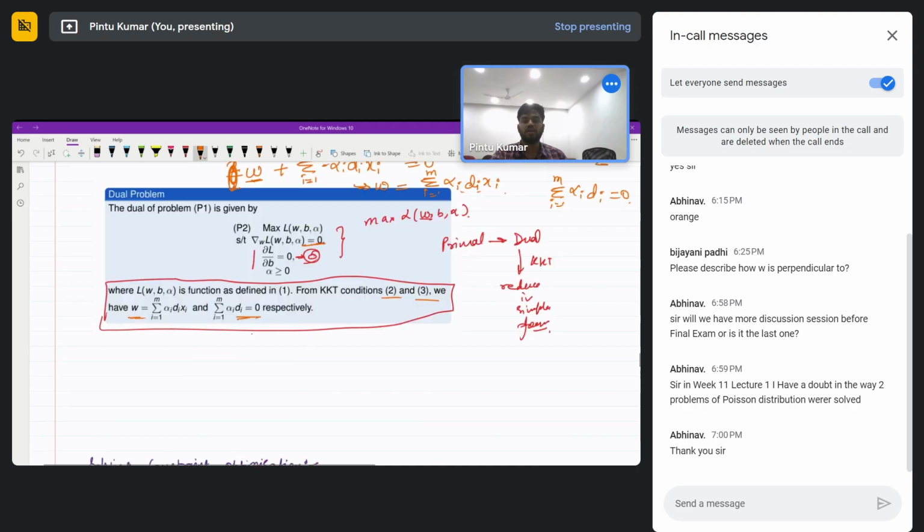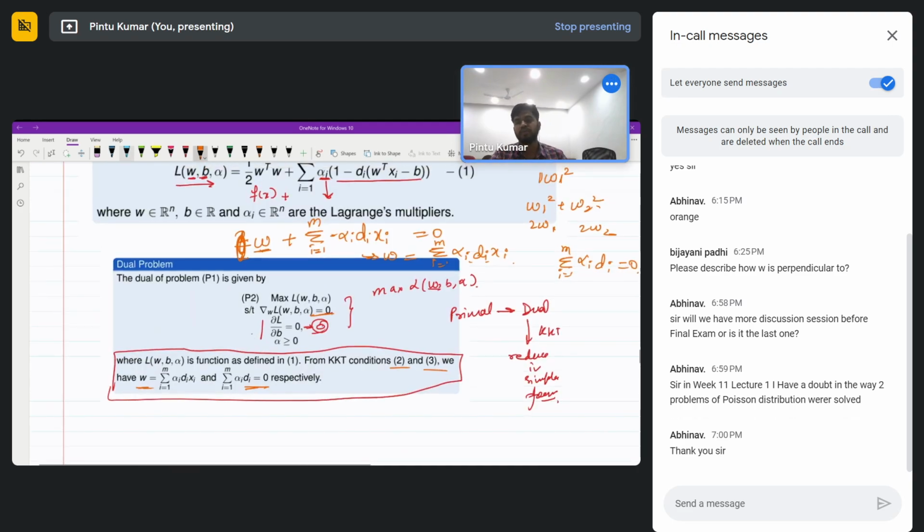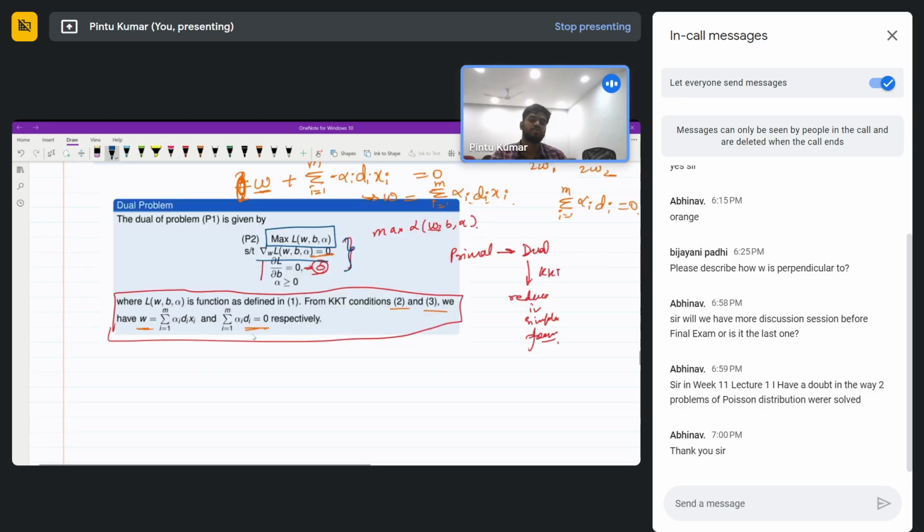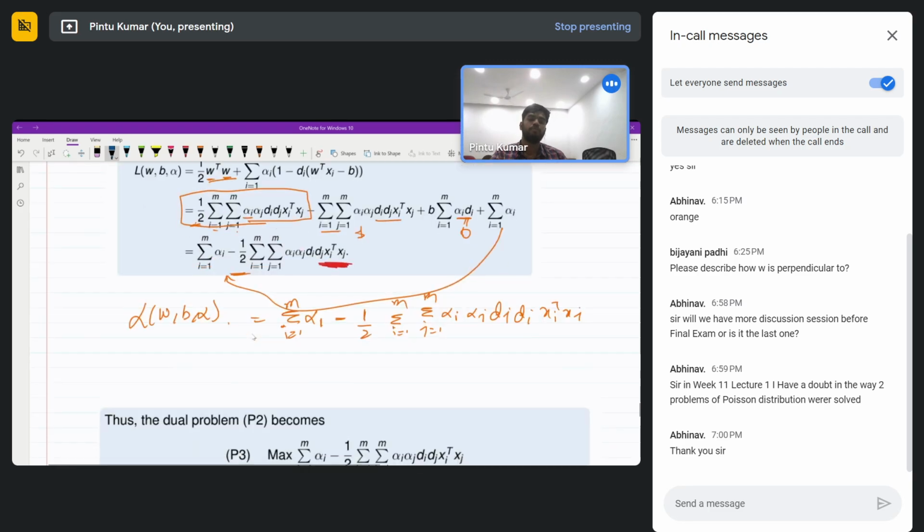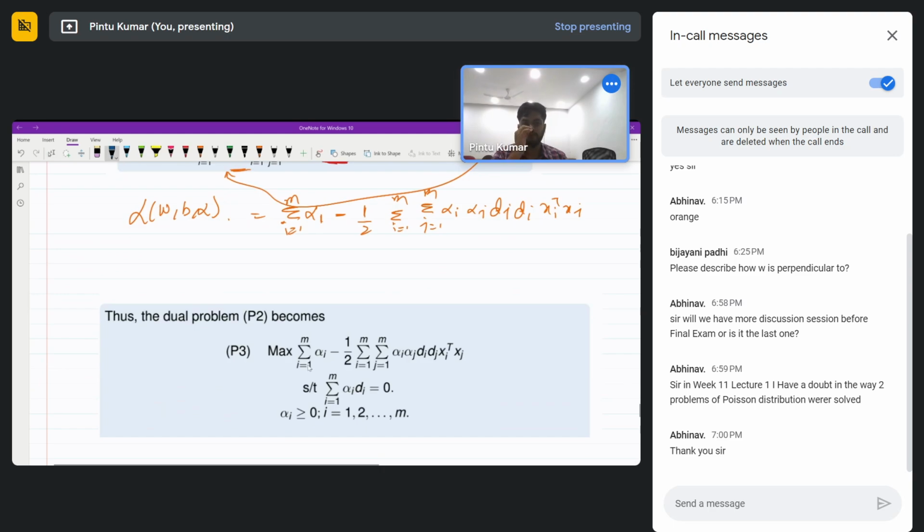Just a recall that when we reduced our primal to dual, we wanted to maximize this thing, that is our Lagrangian, subject to these constraints, okay? Now we have formed another form of our L. So what we want to do is maximize this now subject to these constraints, okay?